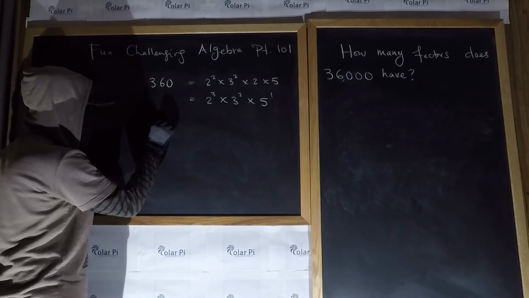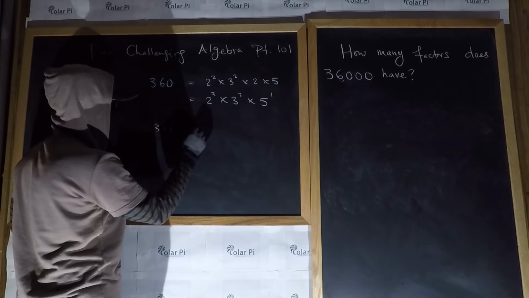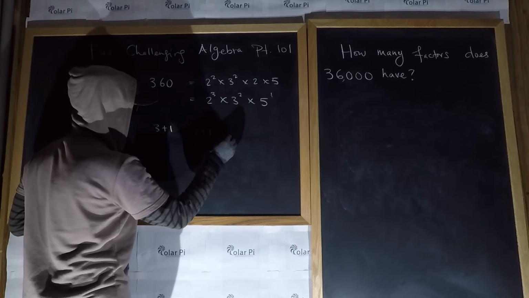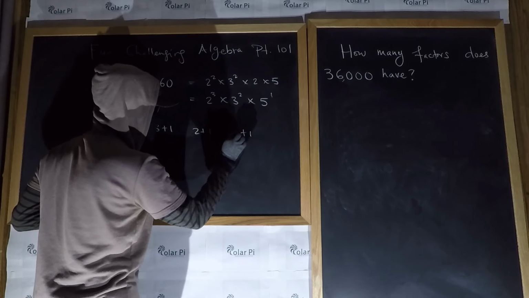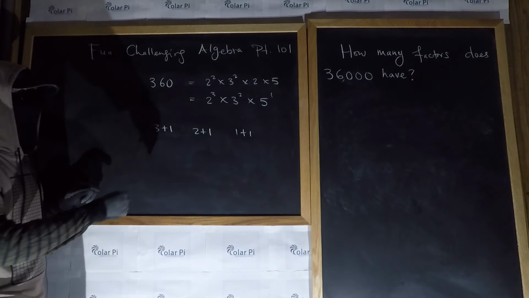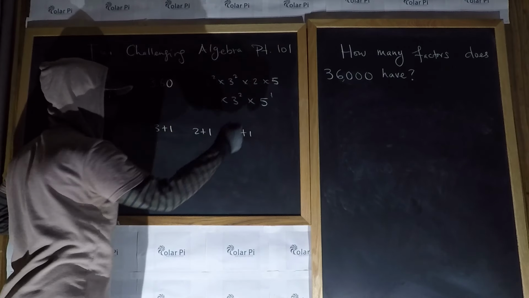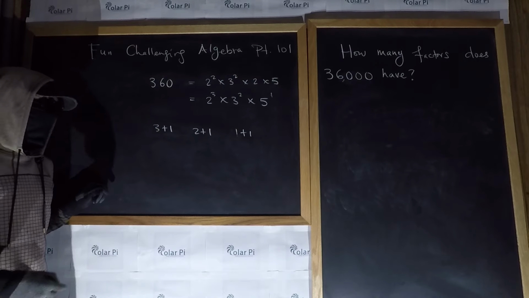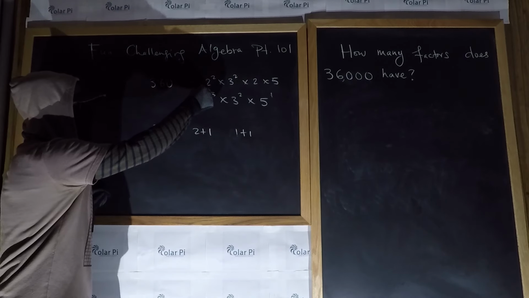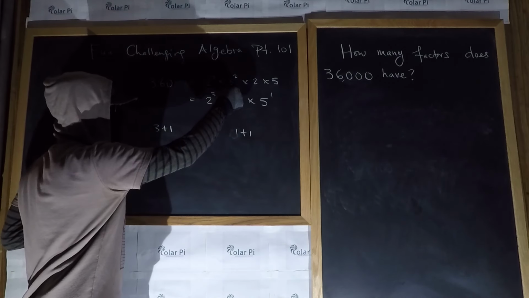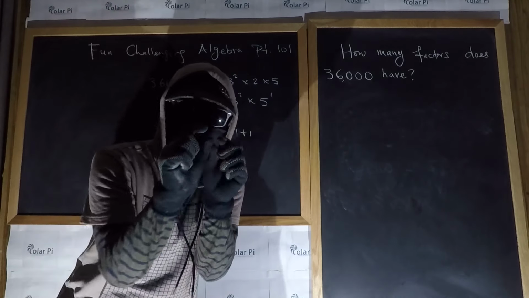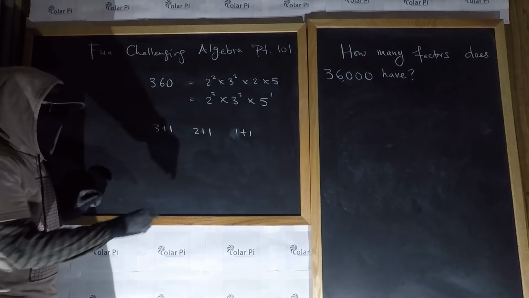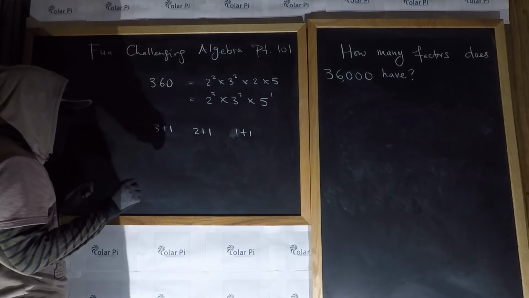So 3 plus 1, and then 2 plus 1, and then 1 plus 1. Sorry, I made a little mistake writing a 5 there, but you get it.